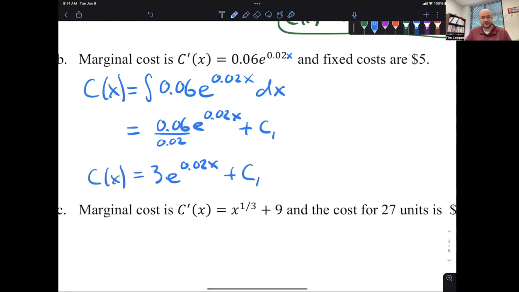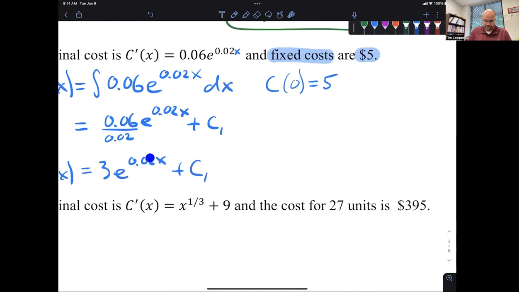And again, that's the cost function, except we don't know that constant. But again, the constant can come from the fixed costs being $5. So c of 0 equals 5. Now, if I plug in 0 for the x's here, that's going to give me 3 times e to the 0.02 times 0 plus c1, and all that's going to equal 5.